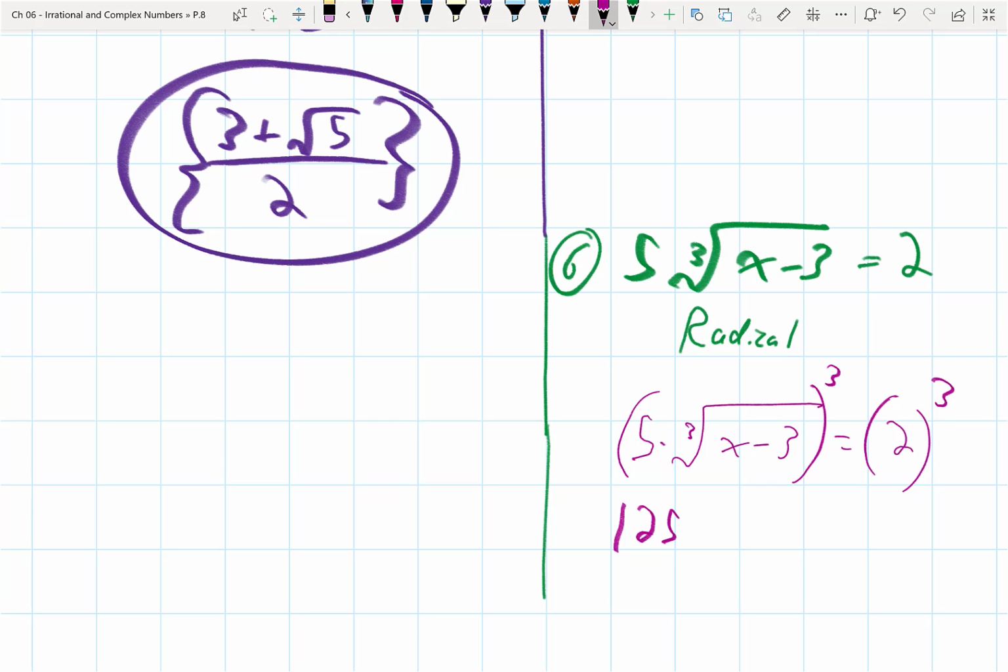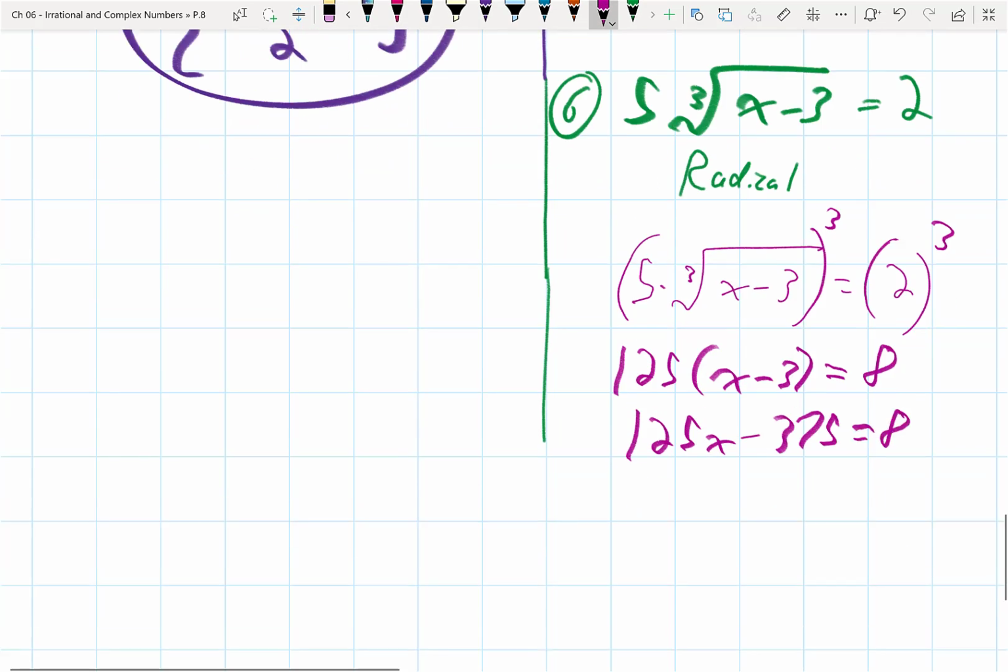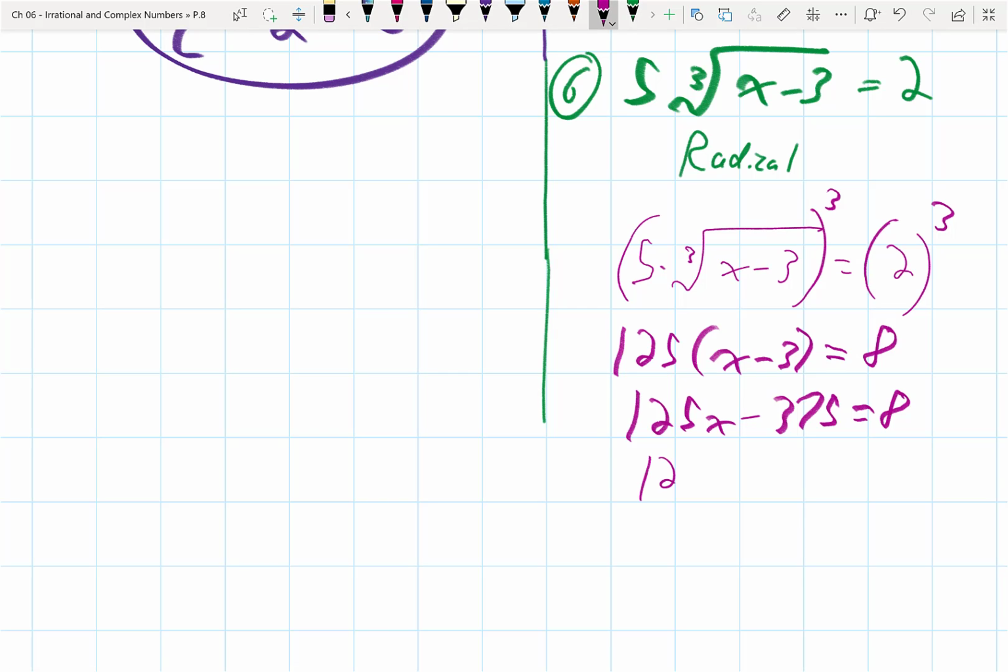Cubed root of x minus 3 cubed is x minus 3, and 2 cubed is 8, so I get 125x minus 375 is equal to 8. Or 125x is equal to 383. And so x is equal to 383 over 125, which I know won't simplify because 125 factors into 5 cubed.